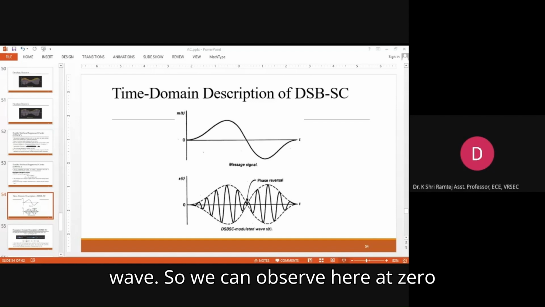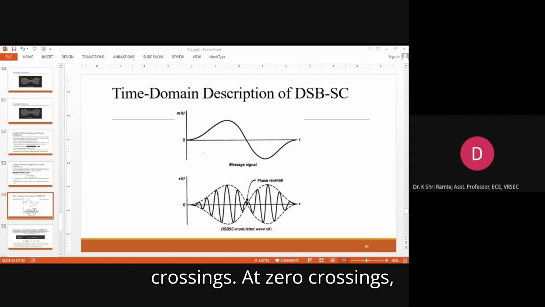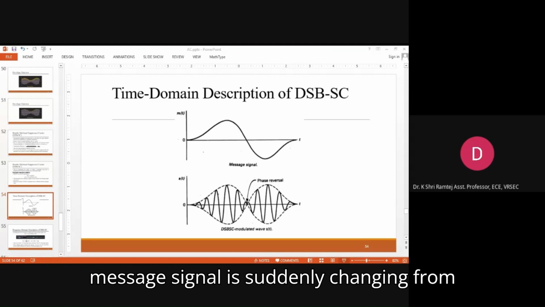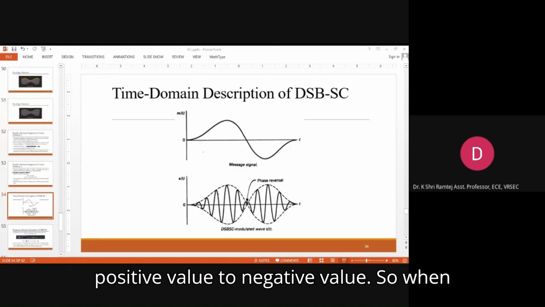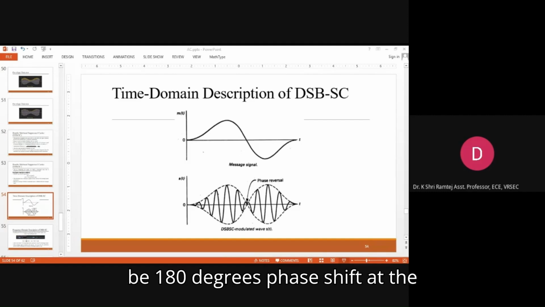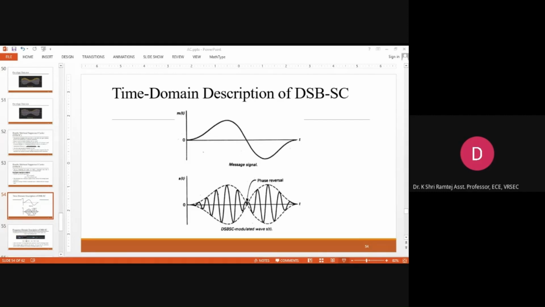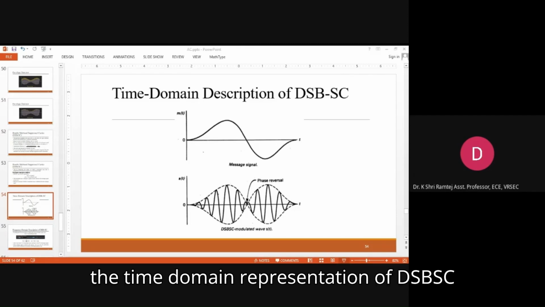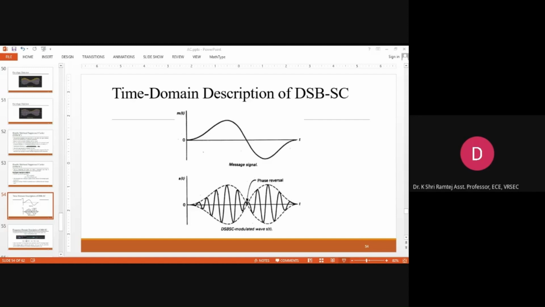We can observe here at 0 crossings there will be phase reversals, since the message signal is suddenly changing from positive value to negative value. When the carrier is multiplied, there will be a 180 degrees phase shift at the 0 crossings. This is how our time domain representation of the DSB-SC wave looks.